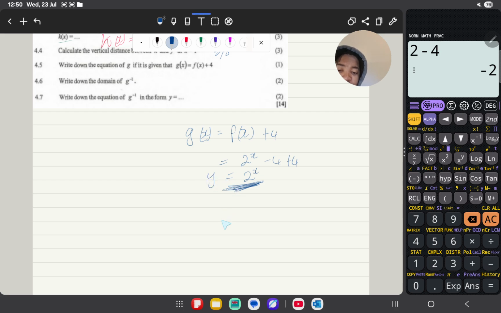You have y here, so x equals log 2 and then y, and then we swap them, so y equals log 2 x.